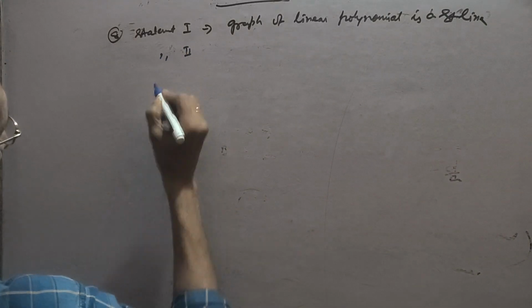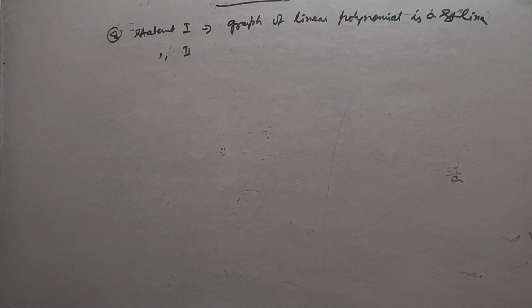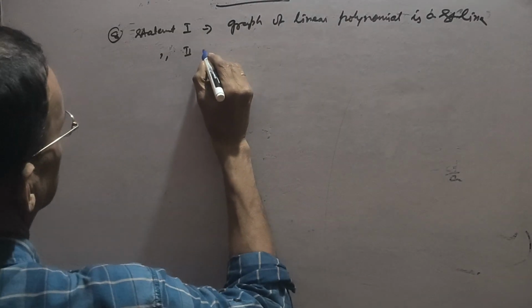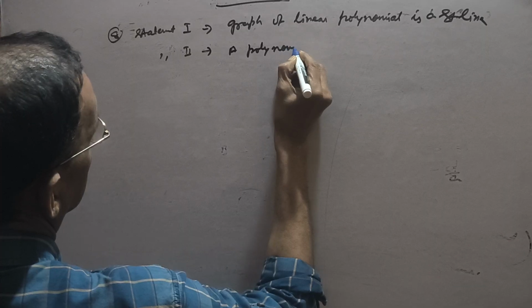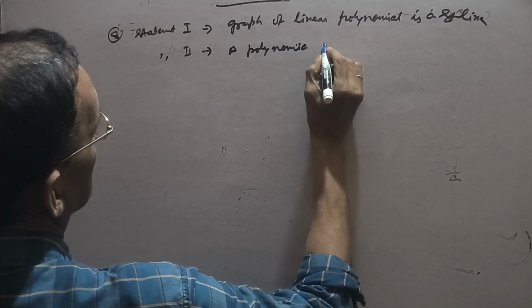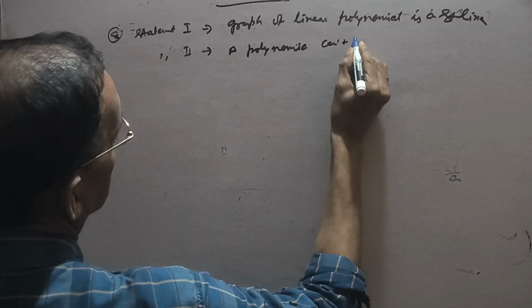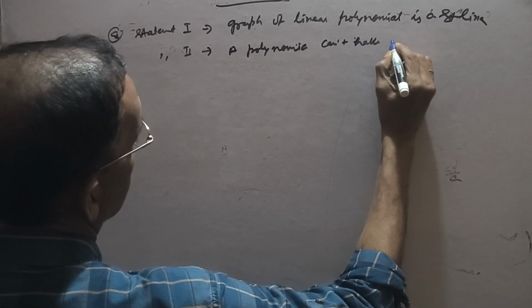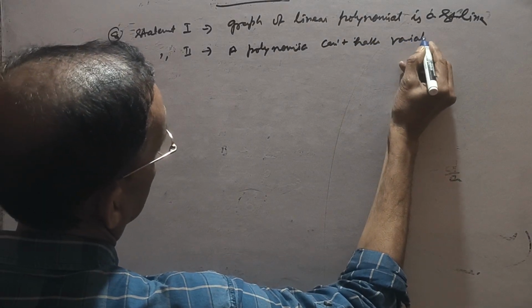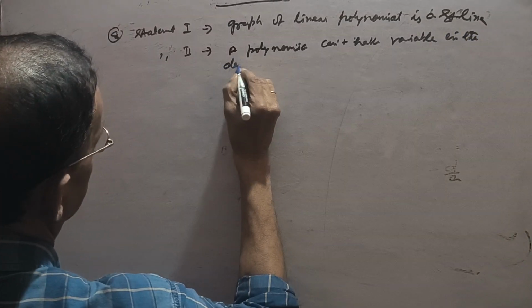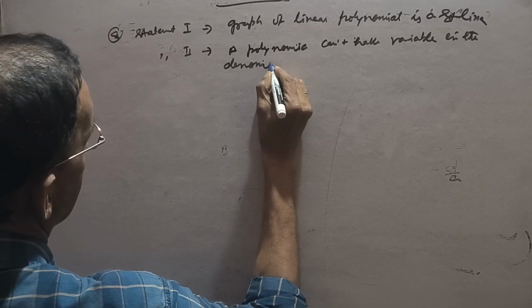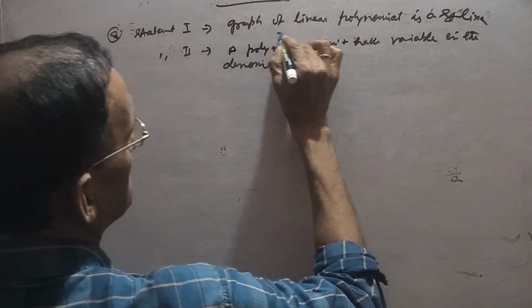Statement 2: a polynomial cannot have a variable in the denominator. Now this you know only.